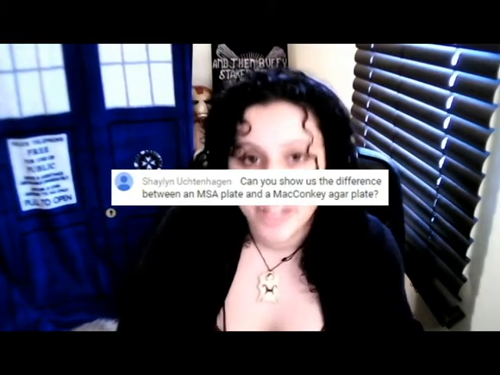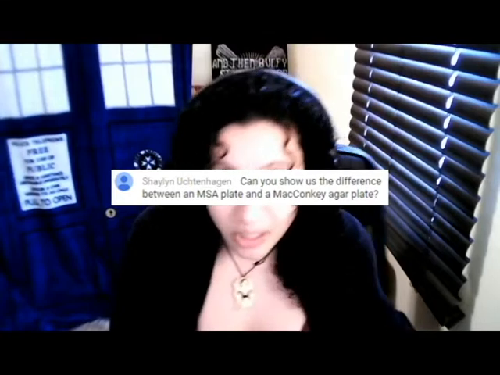Shaylin asked if I could show you the difference between the MSA and the MacConkey agar plate. The answer is no. This is the MSA plate, but I couldn't find any MacConkey agar plates left in the boxes we keep the extra plates in. But I can tell you that the color difference is not very easy to tell.